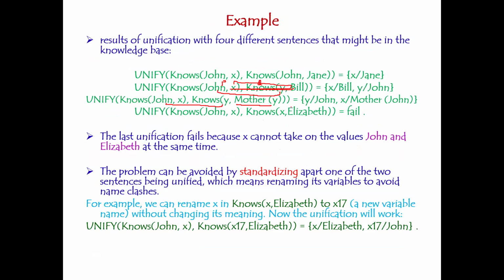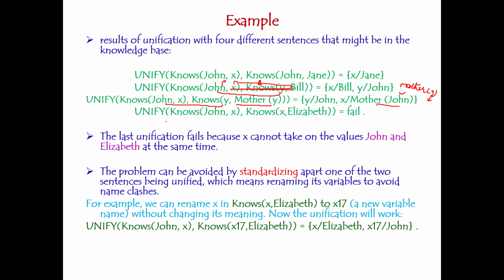It is Mother(Y). And already the first substitution is Mother(Y). Okay, so the compound statement I should make simple. So with this I will call the unify algorithm. And once again now for Y I have a substitution. Okay, so that will be substituted, that is Mother(John). So this is how we make a compound statement into a simple one.